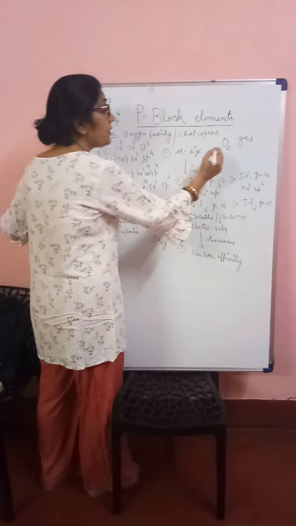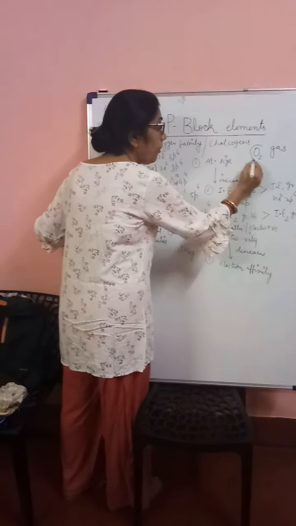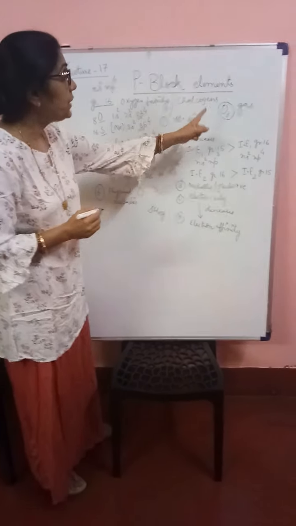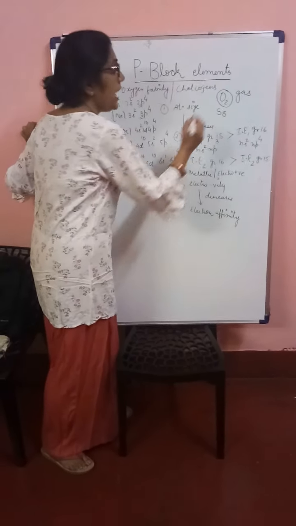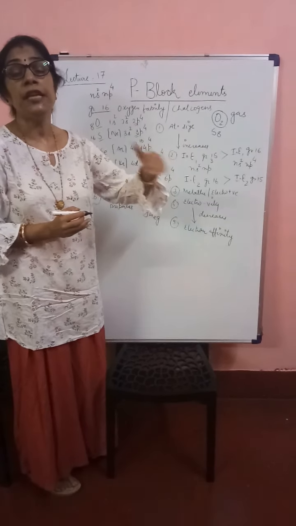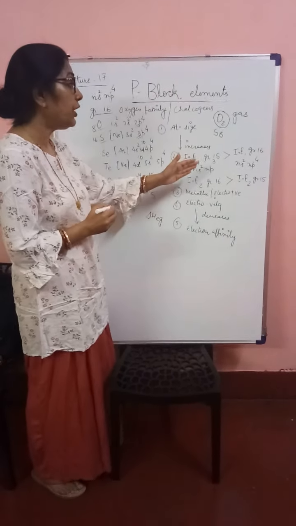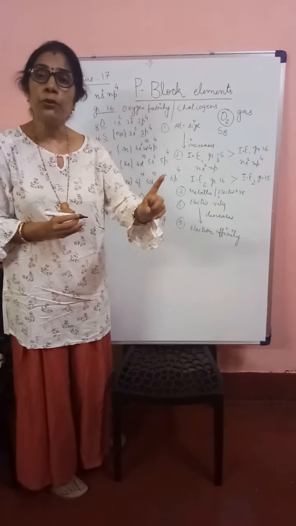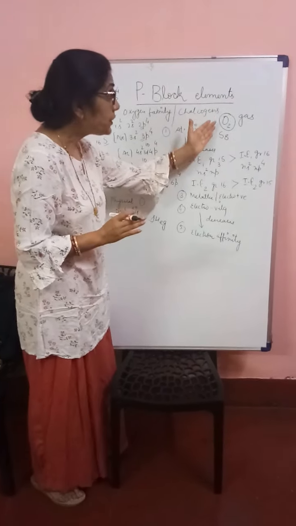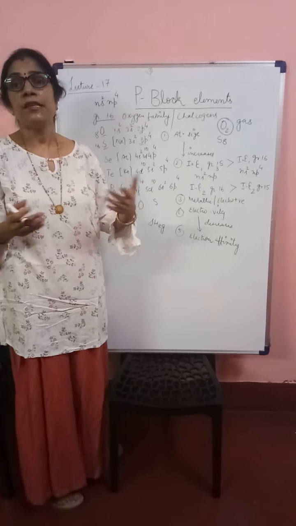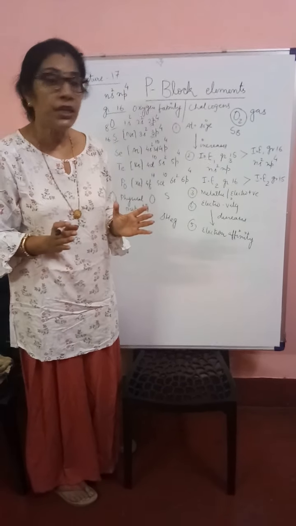Another difference is that oxygen is diatomic. As you all know, its atomicity is 2, but when you consider sulfur, S8, octaatomic it is. Later we are going to discuss more about sulfur. So oxygen is a gas at room temperature, whereas the rest of the elements are solids. Oxygen is diatomic, whereas the rest of them are polyatomic in nature.